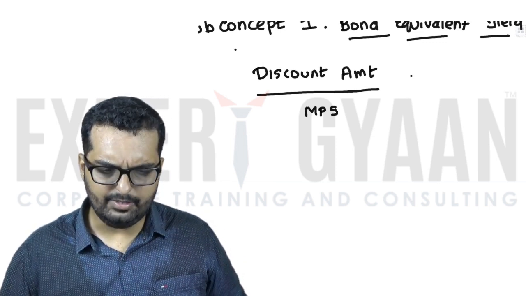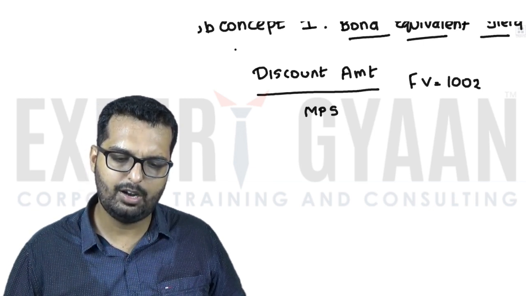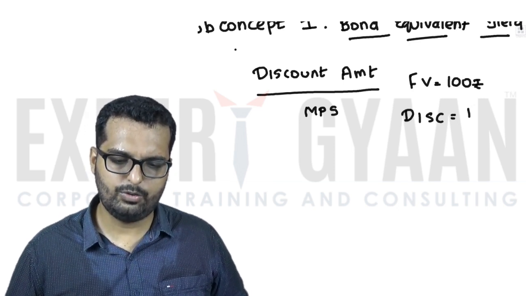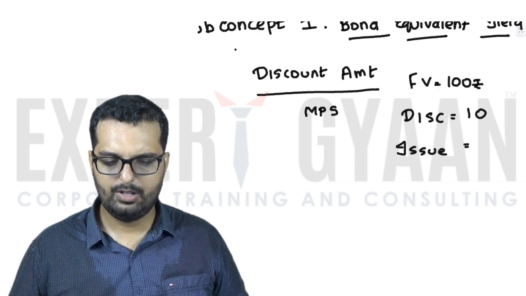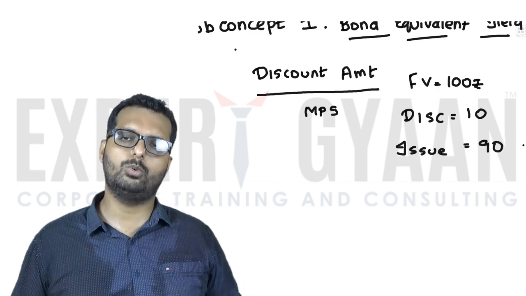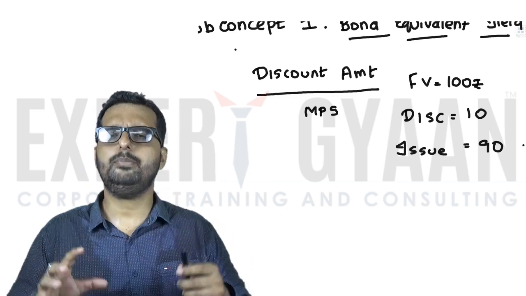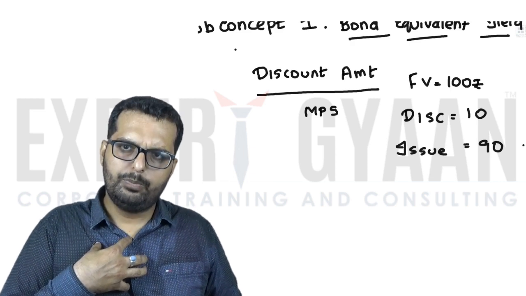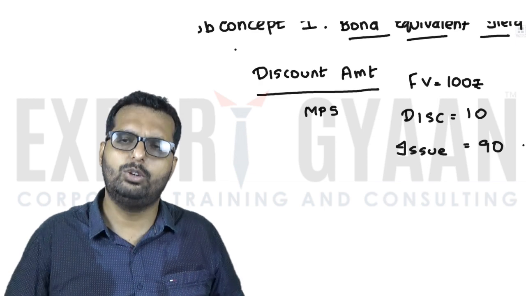Let us assume that the face value of a bond is 100 rupees. This bond is issued at a discount of, let us say, 10 rupees. Therefore, the issue price of this bond will turn out to be 90 rupees. From an investor's point of view, if he wants to buy the bond, he has to pay 90 rupees.